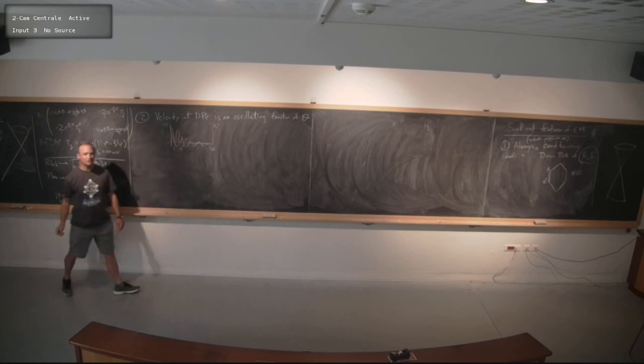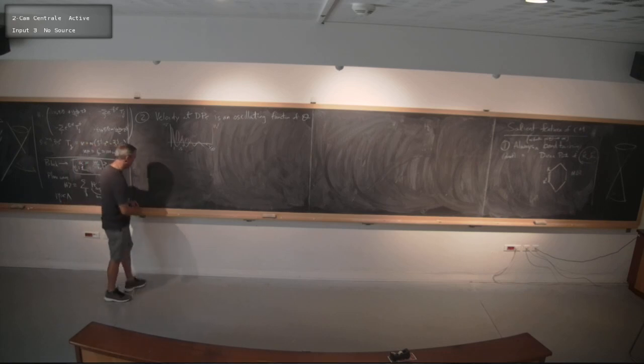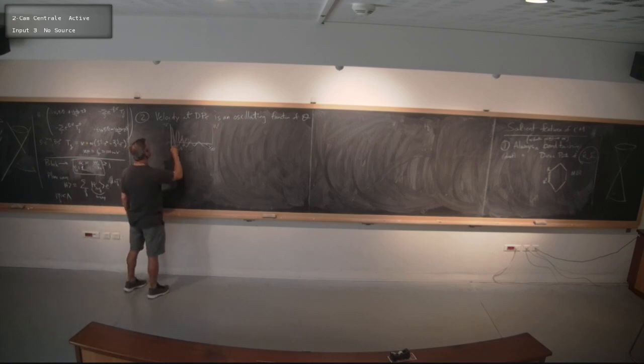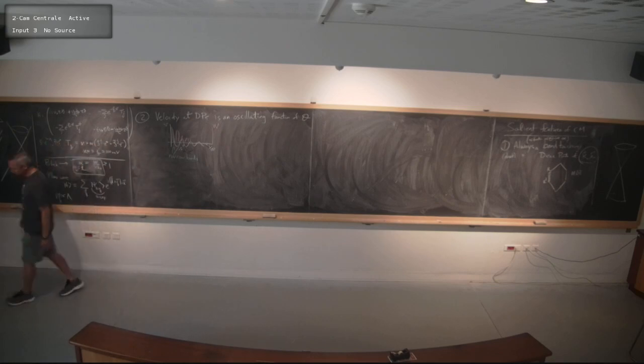It looks something like this. So there are these regions where the bandwidth is very narrow. And there we should expect that the system is very easily perturbed by interactions.